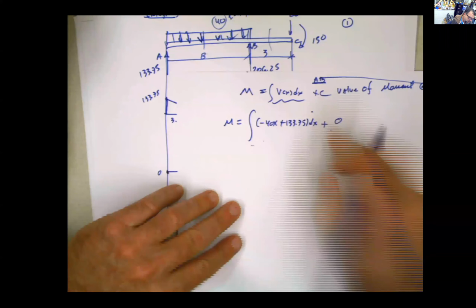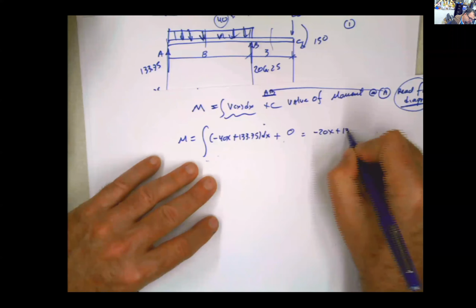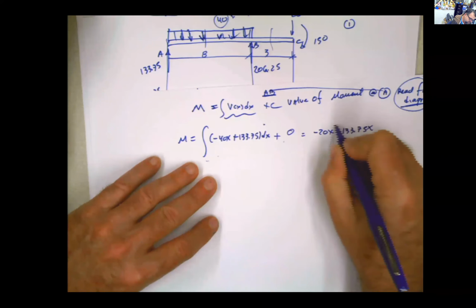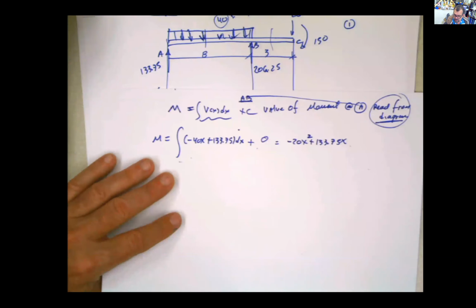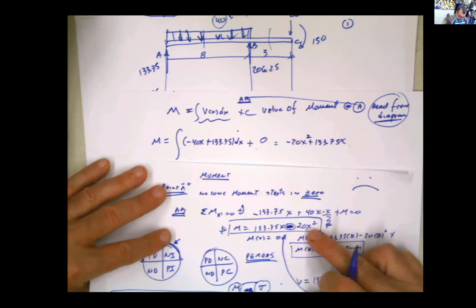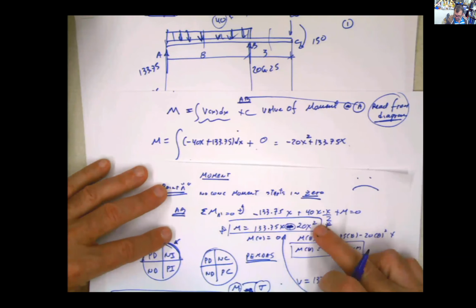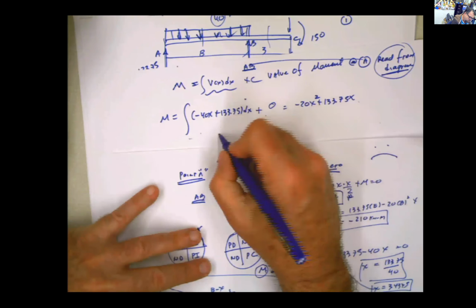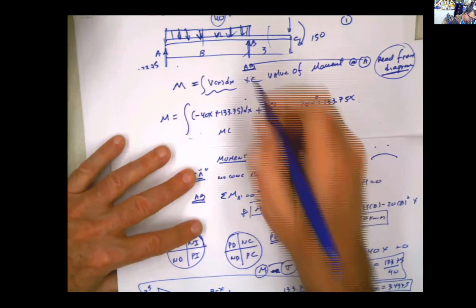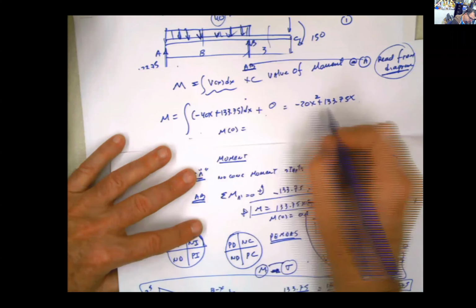So the integral of this is going to be negative 20x squared plus 133.75x. And that should be the equation that we got when we did this. You see? Same equation. Integral and sections. And now you do the evaluation of these and you say, okay, my moment when x equals 0 is 0.